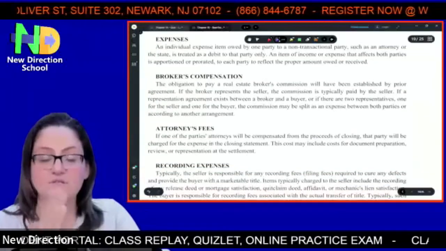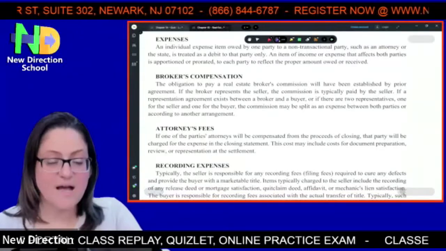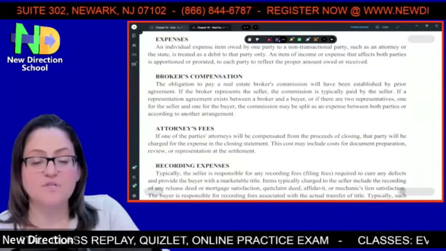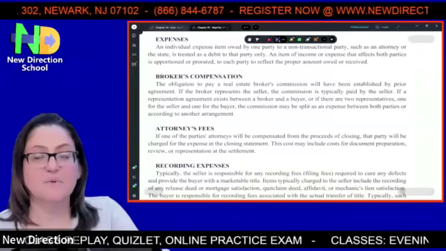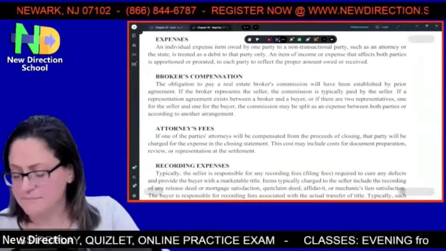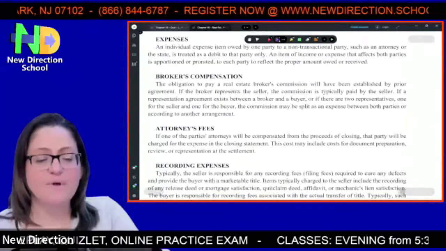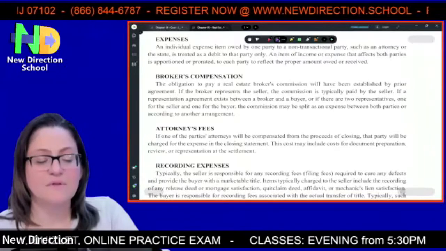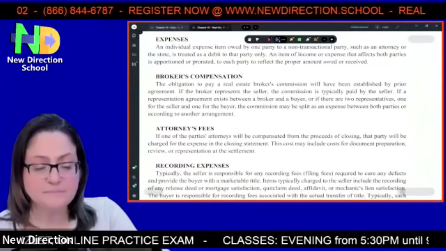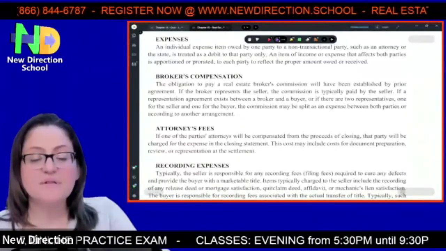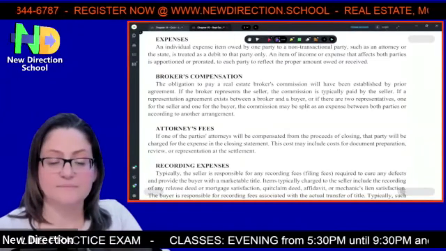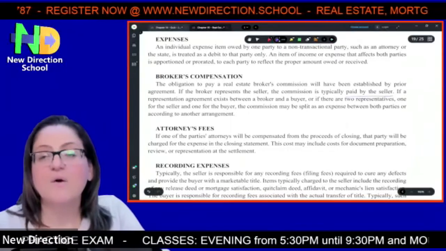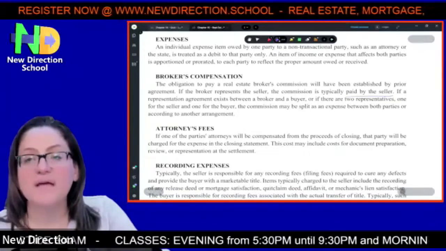Broker's compensation. The obligation to pay a real estate broker's commission will have been established in prior agreements. If the broker represents the seller, the commission is typically paid by the seller. Okay, we can't say the commission is paid by the seller.